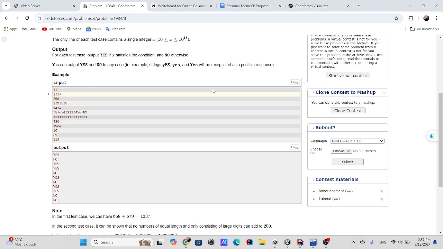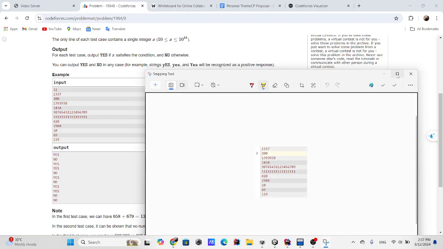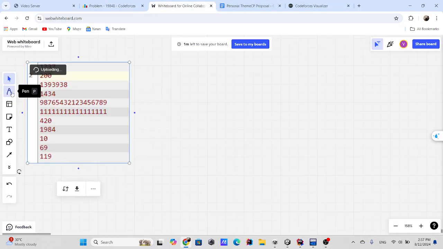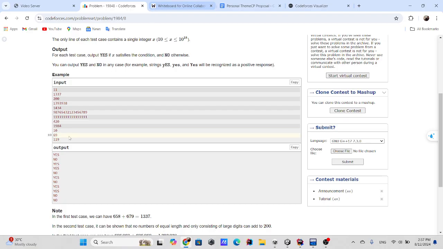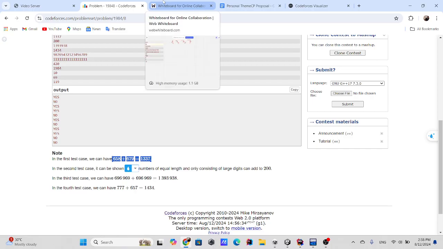This seems like a pretty interesting question. Let's try to solve it. First of all, 1337. The answer is yes, right? The given test case gave us two numbers, but I think we shouldn't rely on it.